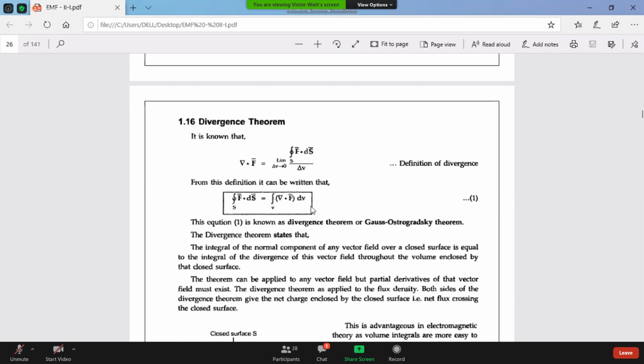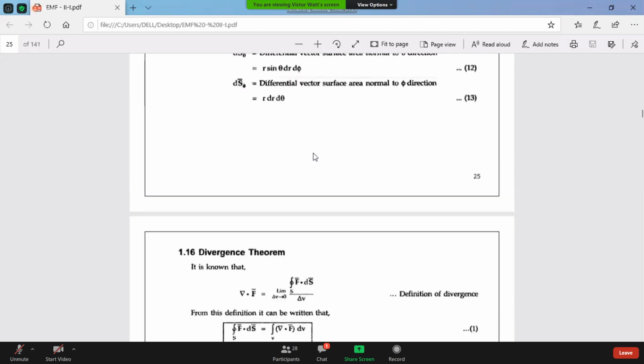Now, del dot F is defined as F, which is your vector, dot your differential surface.